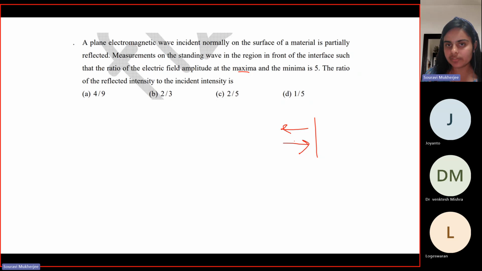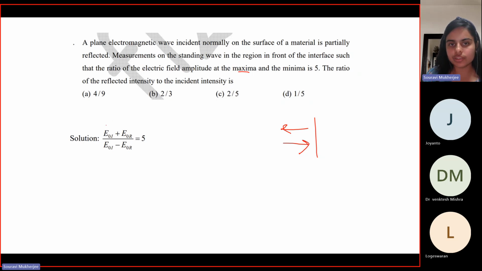So the maxima would be given as the sum of the amplitudes of both these waves, while the minima will be when they are canceling each other. So the minima will be given as the difference between these two amplitudes, right? So basically what it is telling us is that E incident plus E reflected by E incident minus E reflected is given as 5.